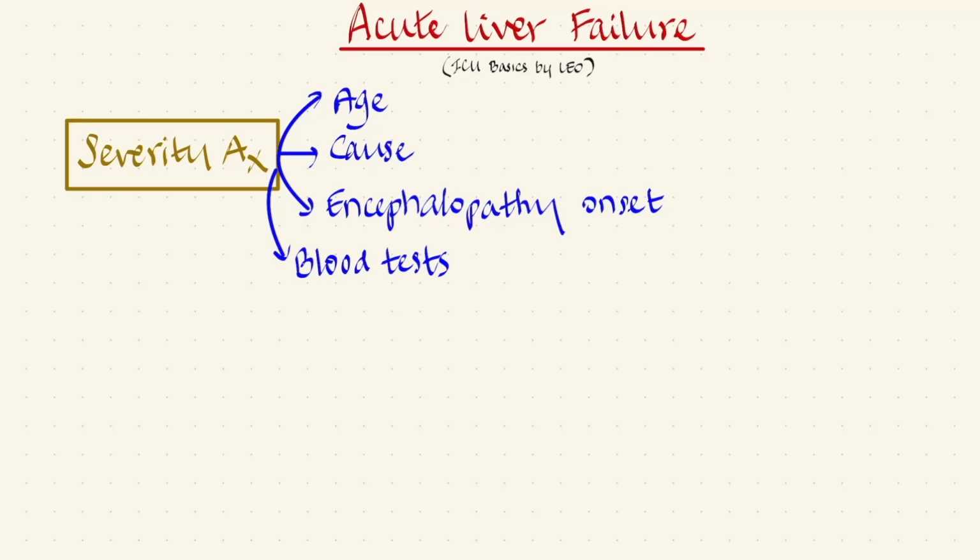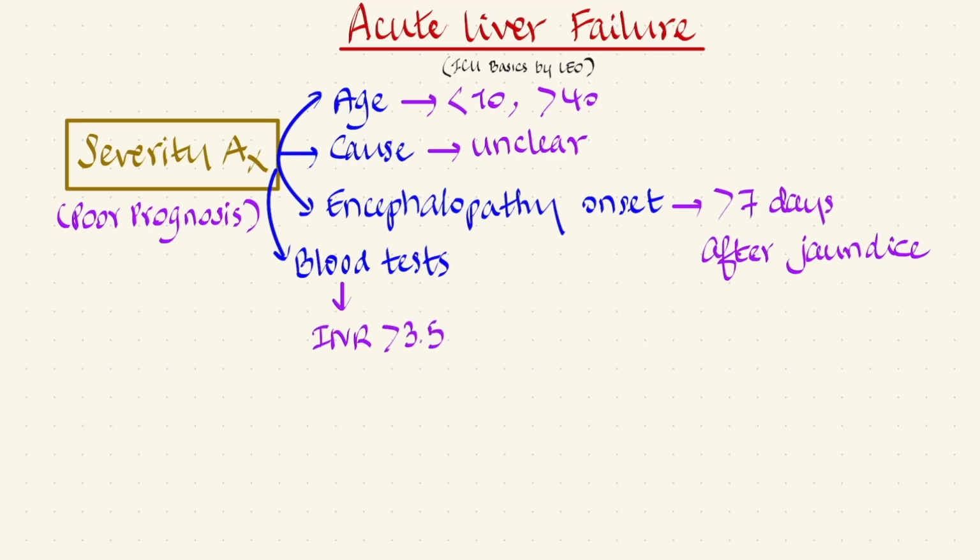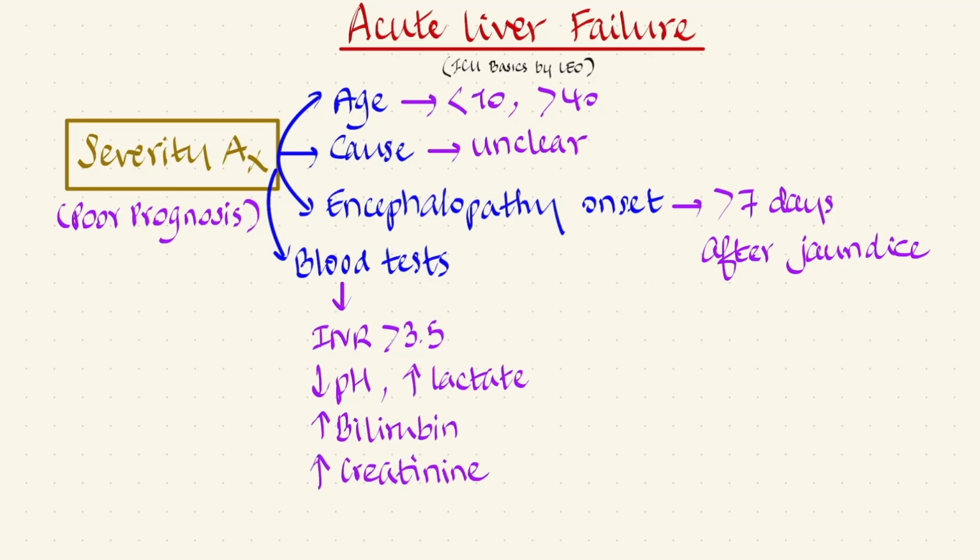In general, the prognosis is worse in patients who are younger than 10 years or older than 40 years, who have indeterminate causes of liver failure, and who develop encephalopathy more than 7 days after jaundice, INR more than 3.5, persistent acidosis and high lactate, and increasing serum bilirubin and creatinine concentrations.